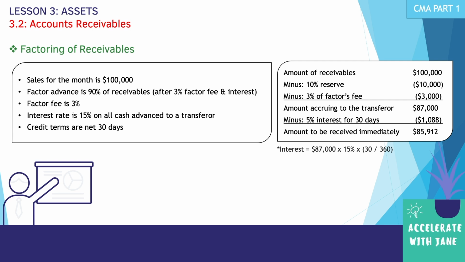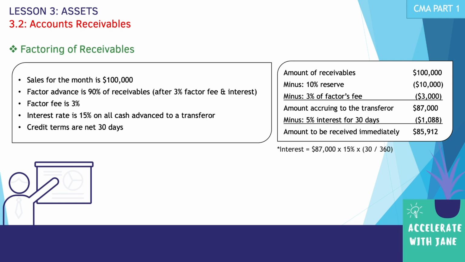So 87,000 US dollars multiplied by 15%. And take note, the credit terms is for 30 days, so we multiply by 30 divided by 360 days. We use 360 days in one year. This is just for the interest period. So the interest for 30 days at 15% is equal to 1,088 US dollars.